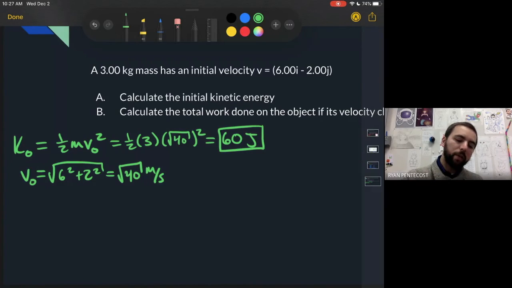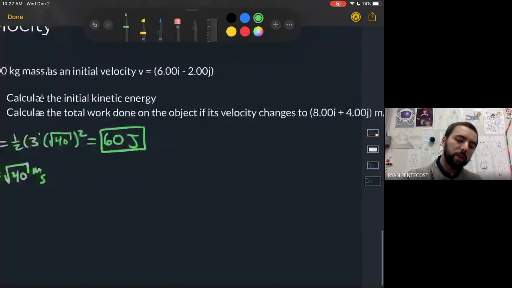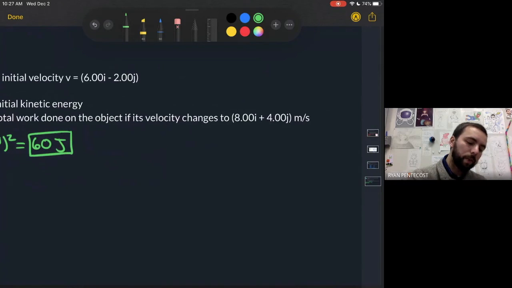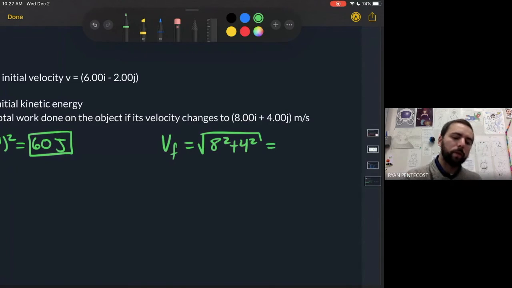Now let's calculate the total work done on the object if the velocity changes to 8i plus 4j. So if we have a v final of 8i plus 4j, let's do 8 squared plus 4 squared. Pythagorean theorem, that's 64 and 16. That gives you 80. So you've got the square root of 80 meters per second.